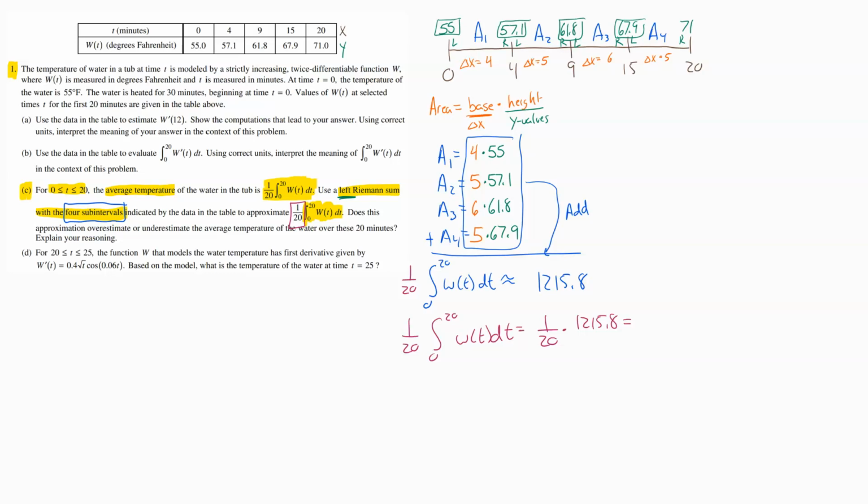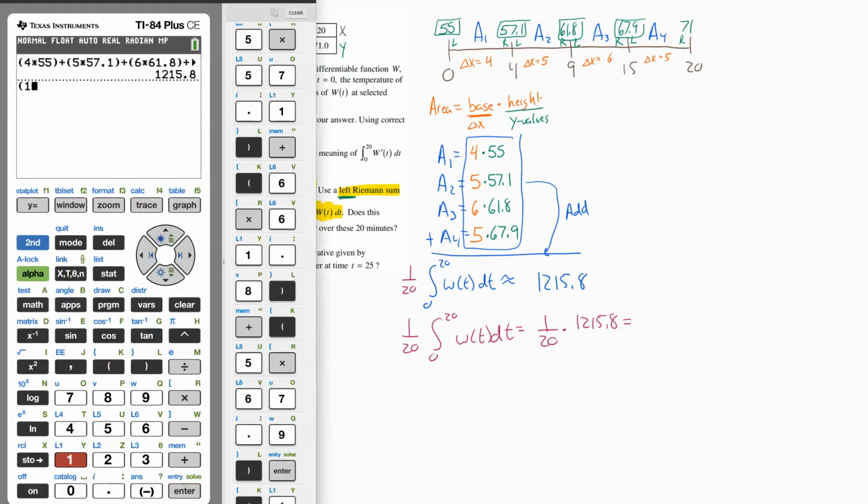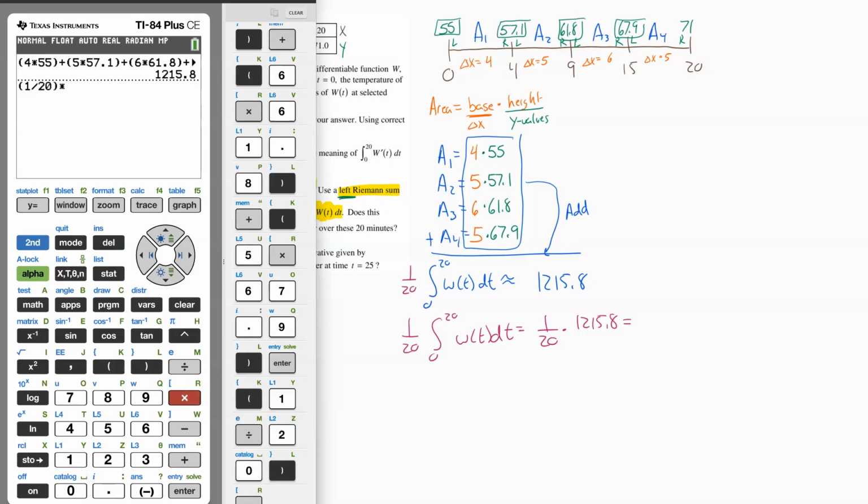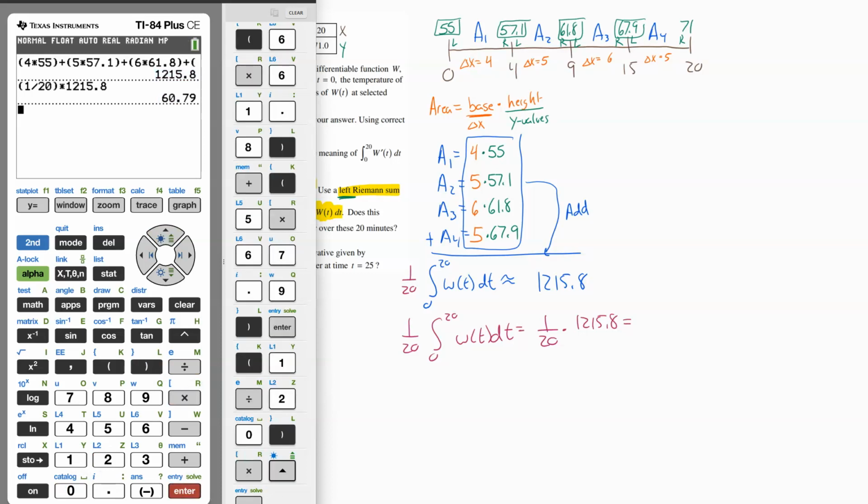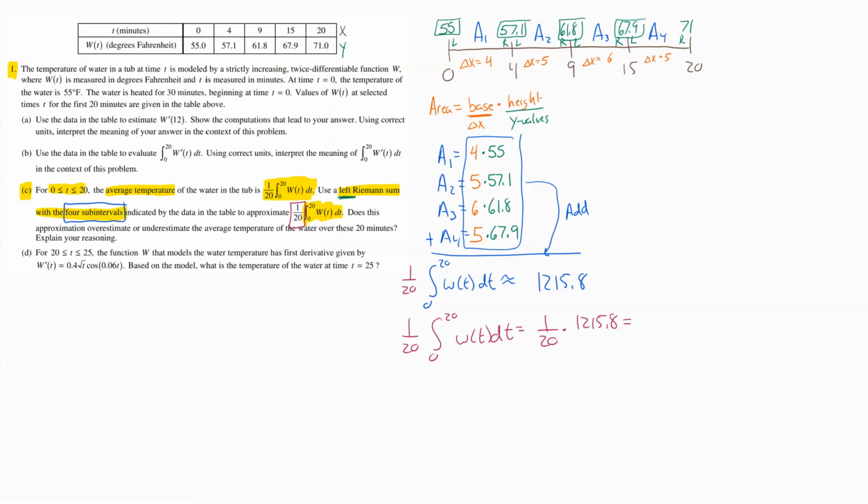And so then you would just grab that number, say 1 divided by 20 times, and then reach up and grab that answer, and we get 60.79 degrees Fahrenheit. So that's our average value right there, our average temp.